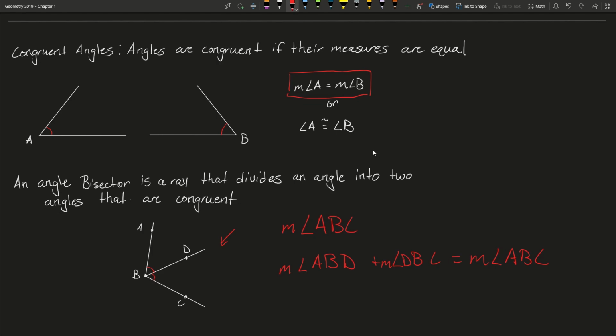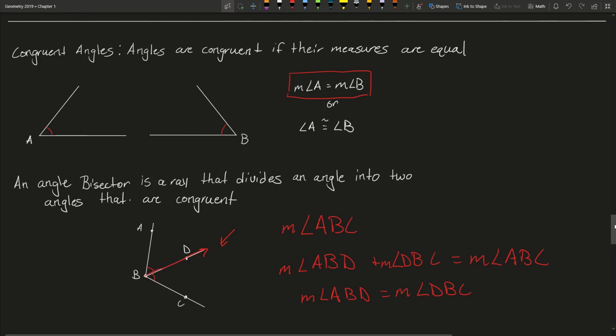But it also says that the measure of angle ABD is equal to the measure of angle DBC because this ray cuts the entire angle in half.